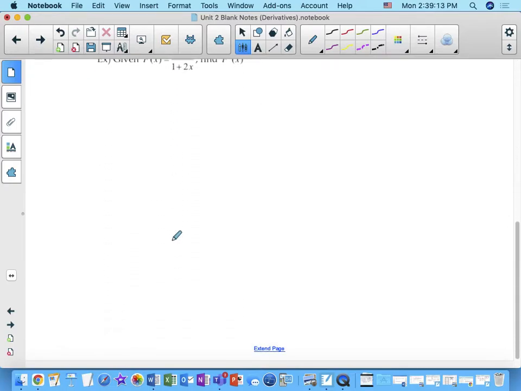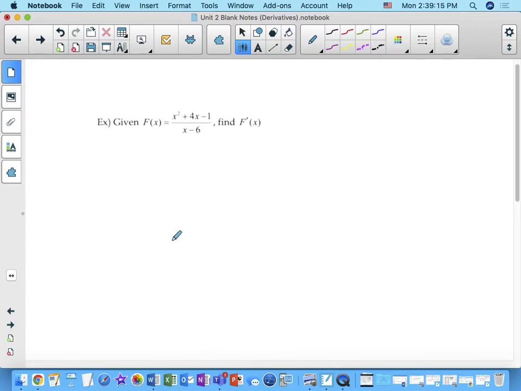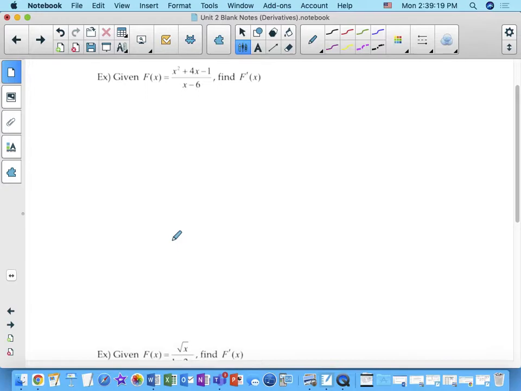Okay, so these last two are pretty straightforward. We're just going to go through them quickly, and then I'm going to give you time to do some practice. Nothing really to do here except for some quotient rules.